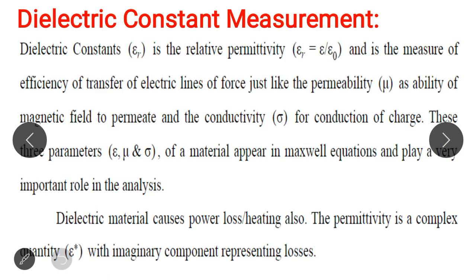Now the next parameter is the dielectric constant.